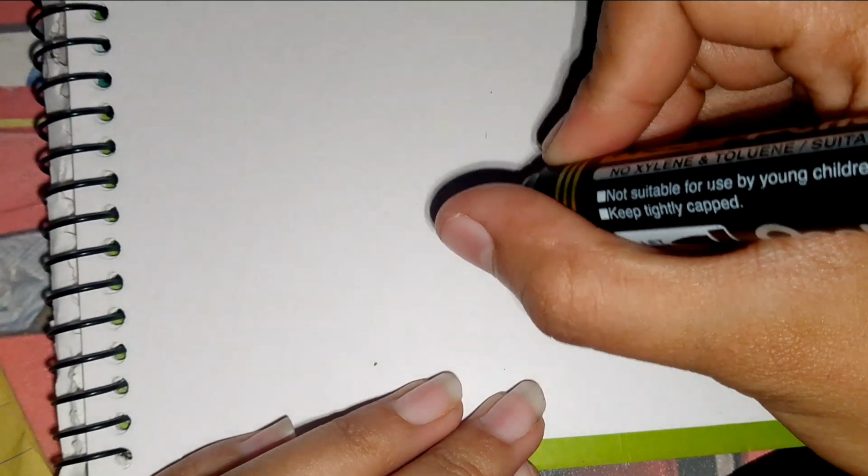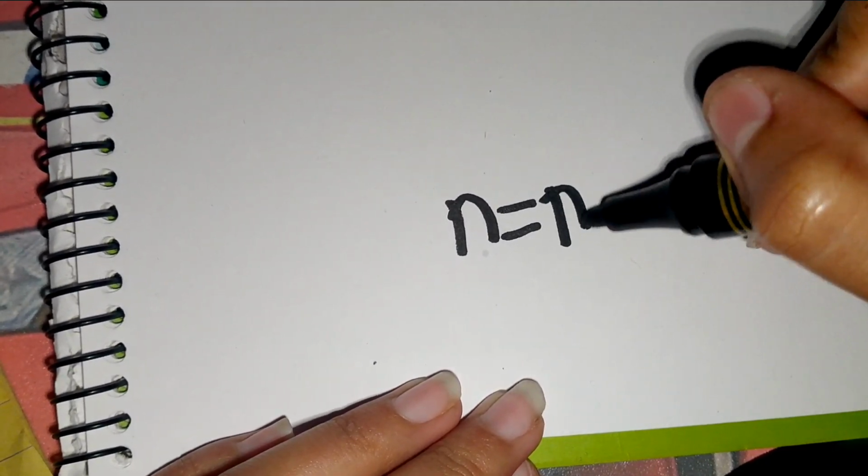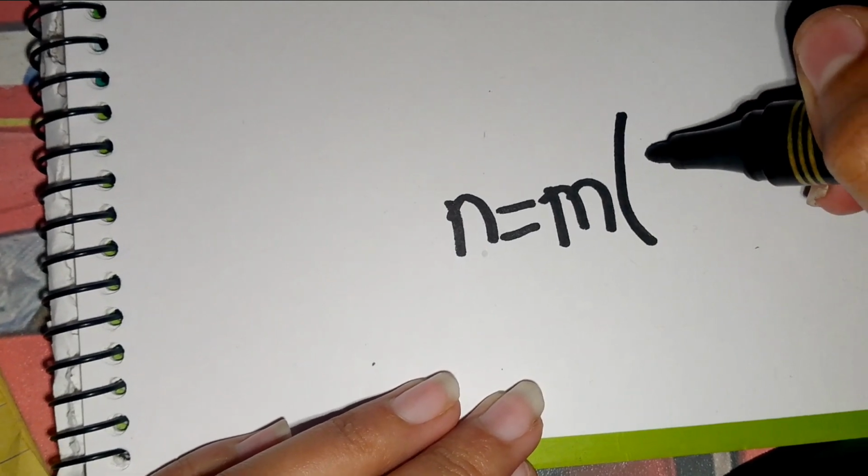In addition, to get the value of letter N, it also has its own formula, and that is N equals M times T.